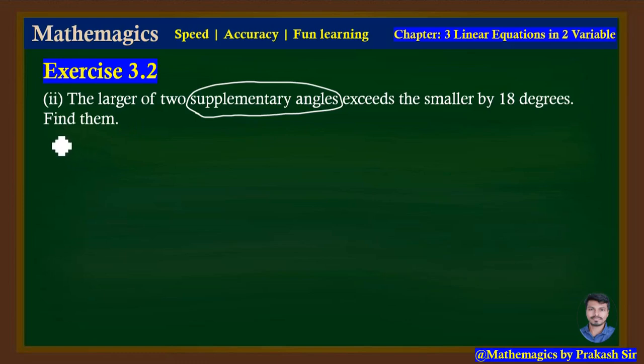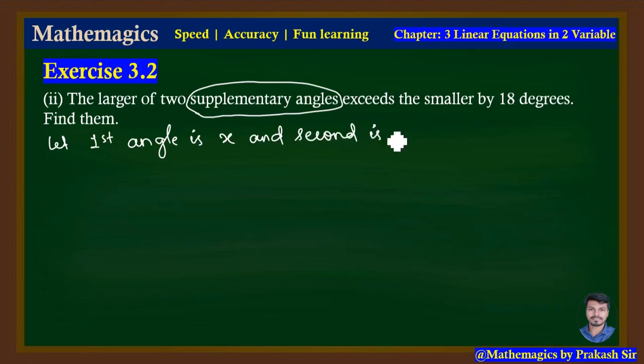So let us consider the first angle is x and the second is y. Here according to the question we can say that x plus y is equal to 180 degrees. Why?